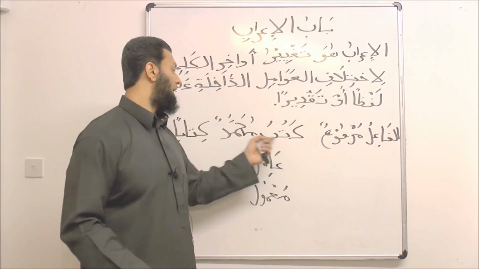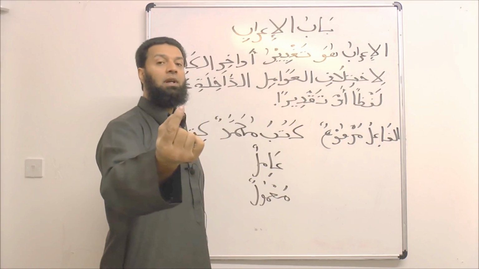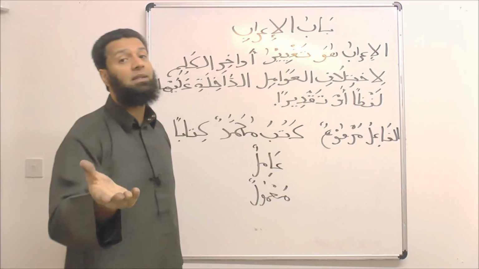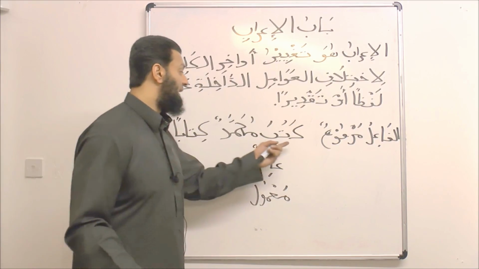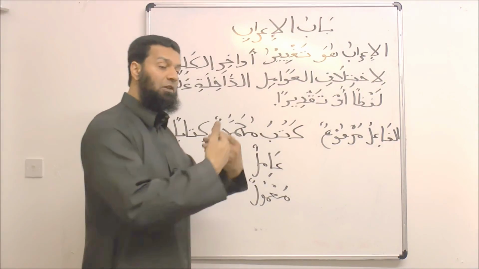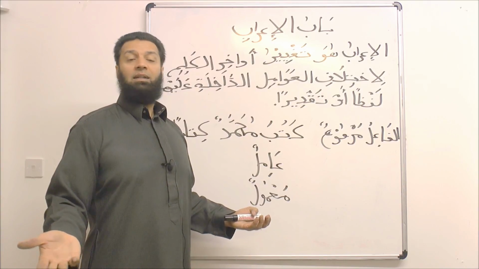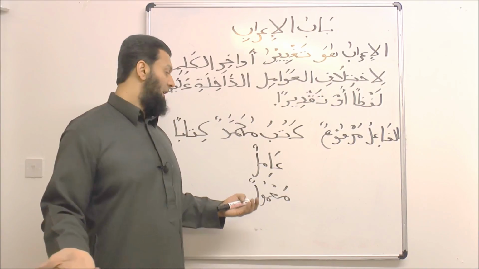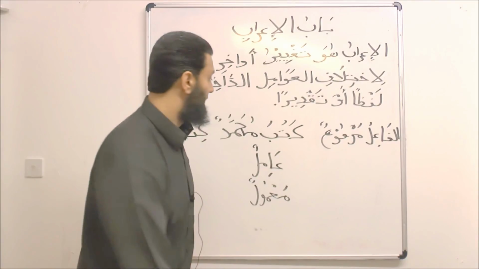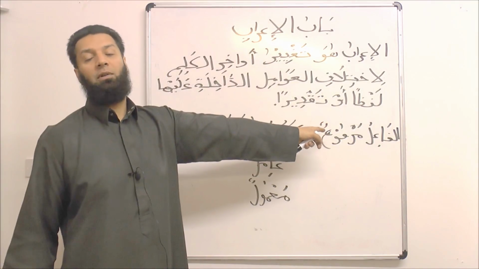Here kataba causes Muhammad to become Muhammadun, because kataba requires the fa'ilun, and the fa'ilun is always marfu'un. So kataba is the amilun. The ma'mulun, the word that has been changed, is what? Which word has been changed? Muhammadun. Right?